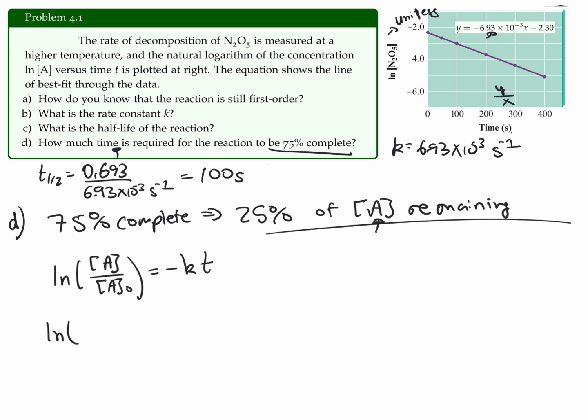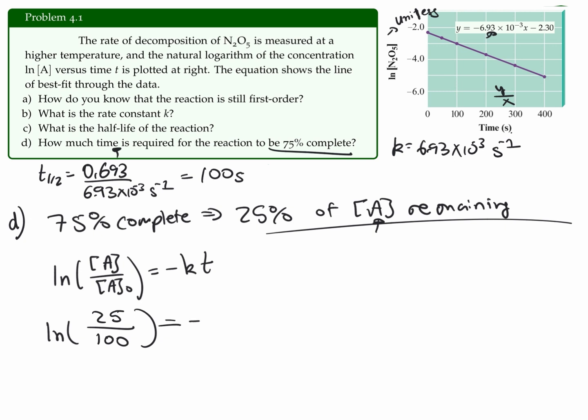The trick here is that I can just plug in percentages because these are going to cancel out in A over A naught. If I use my initial as 100% and my final is 25%, that will work out. I don't need real units there because it'll cancel out anyway. It doesn't matter if those are molar or just percentages.